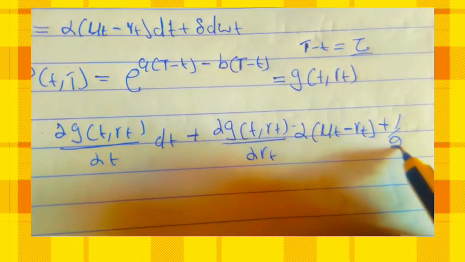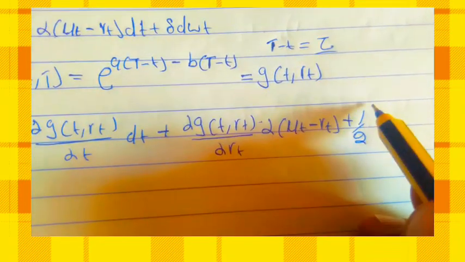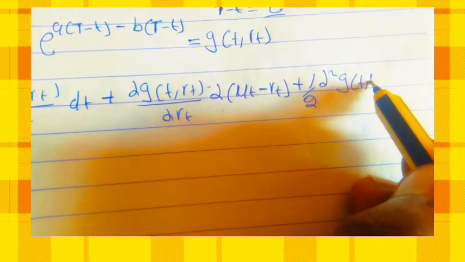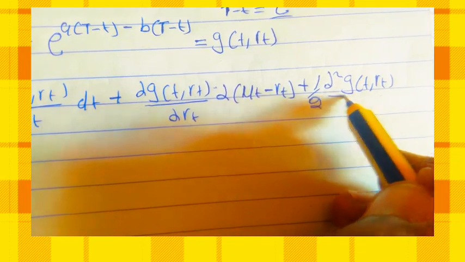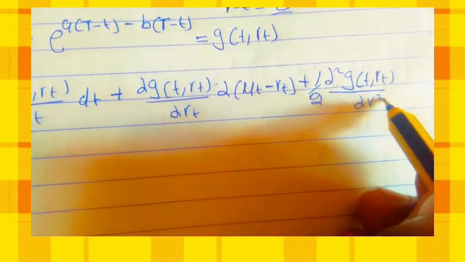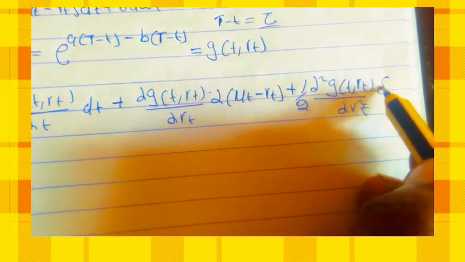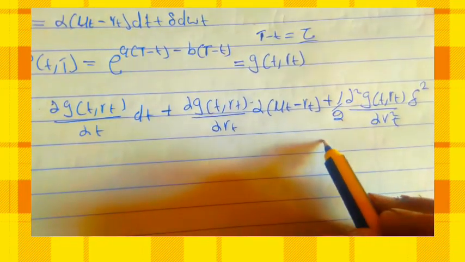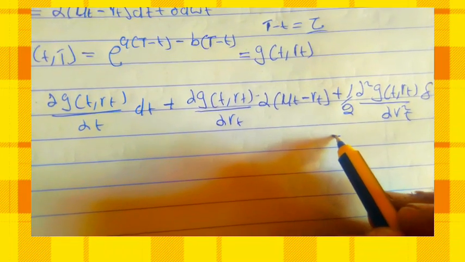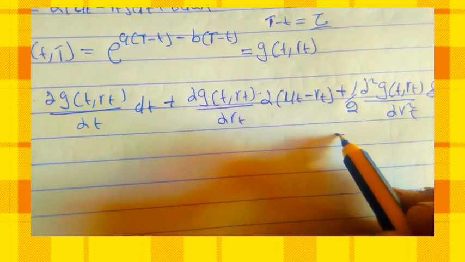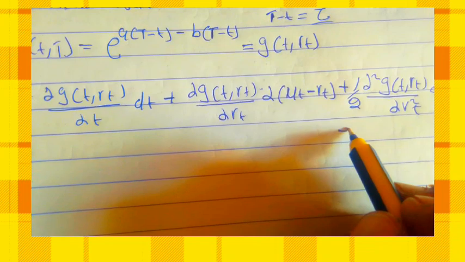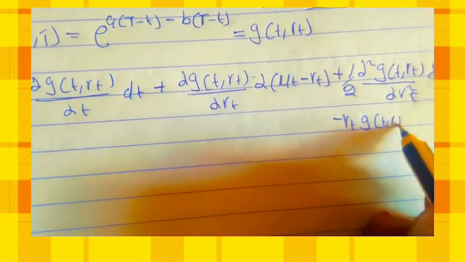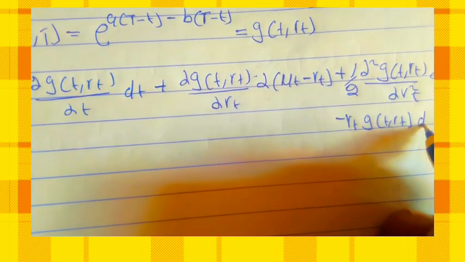Plus a half second derivative of this one, then sigma squared, plus minus the determinant factor r_t g dt.